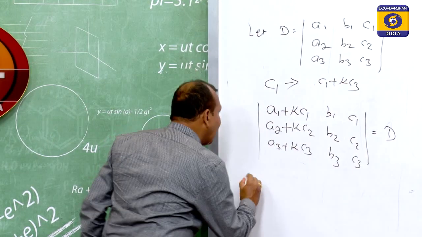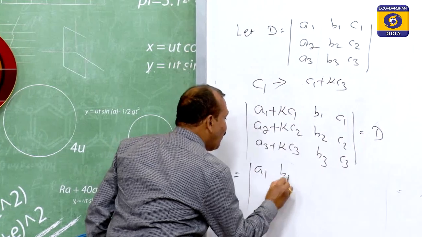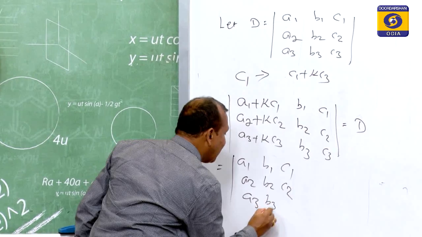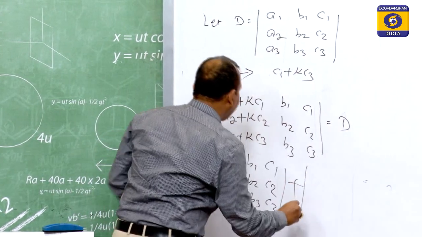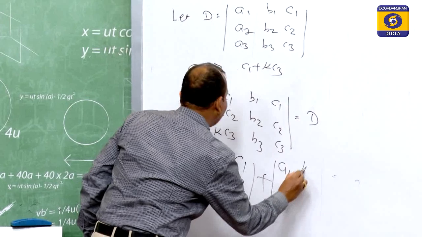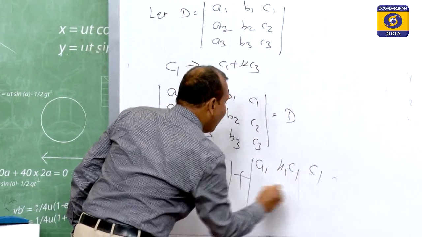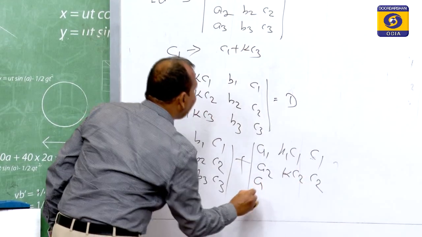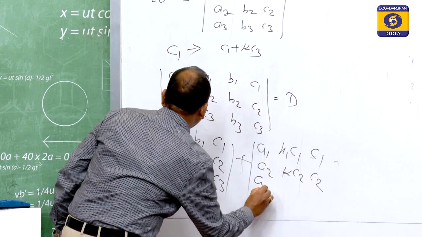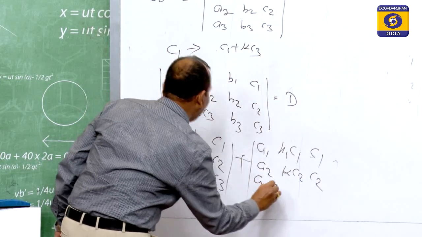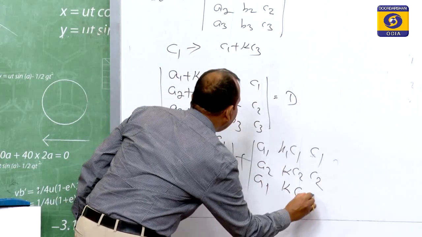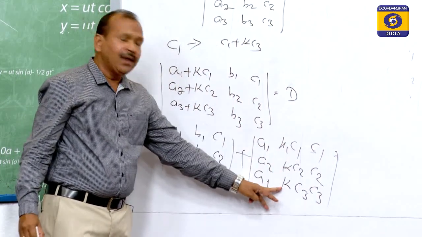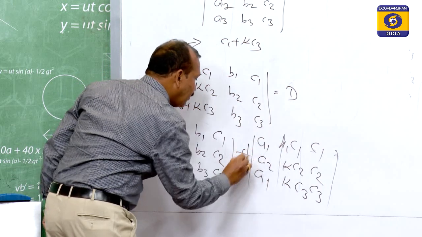So this can be written as A1, B1, C1, A2, B2, C2, A3, B3, C3 plus A1, kC1, C1, A2, kC2, C2, A3, kC3, C3. Now here the first column is multiplied by k, so we take k outside.